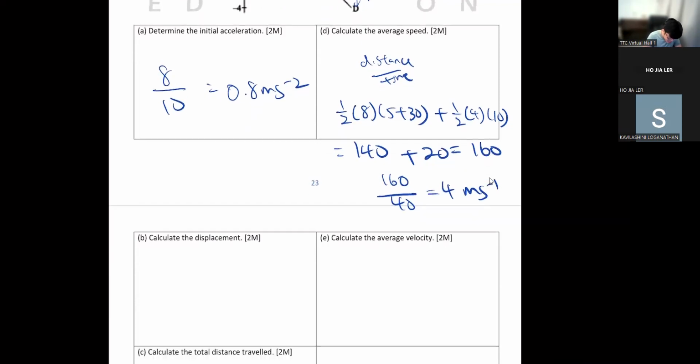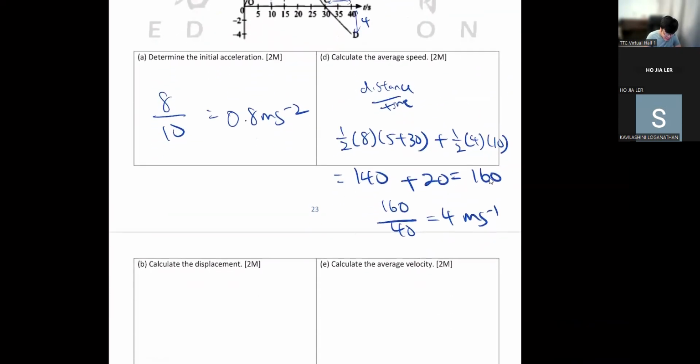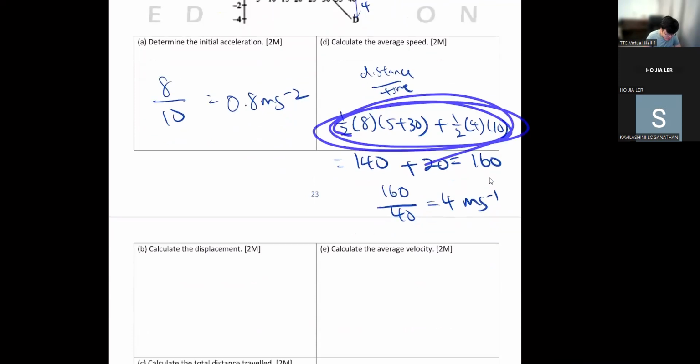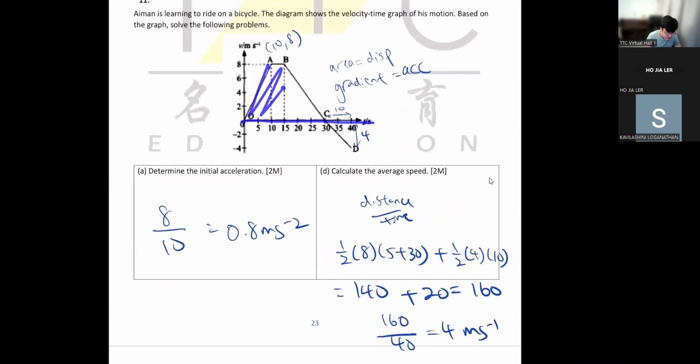So calculate the displacement. So what is the displacement? So you see, this is the distance. But how do you calculate the displacement? Very easy. The top part of this graph, this is moving forward. The bottom part, this part is moving backward.